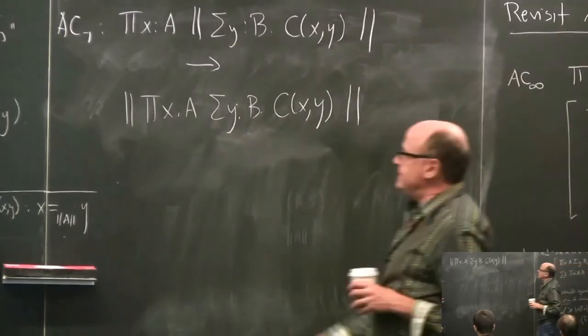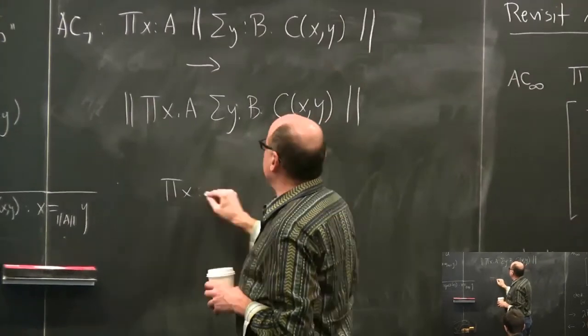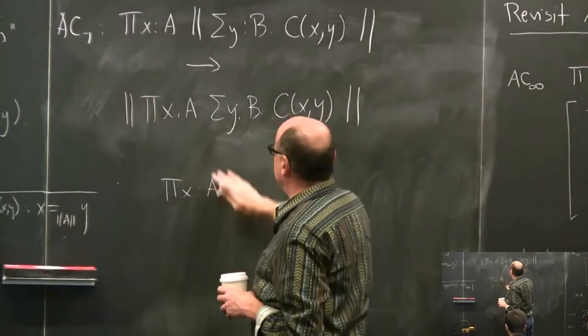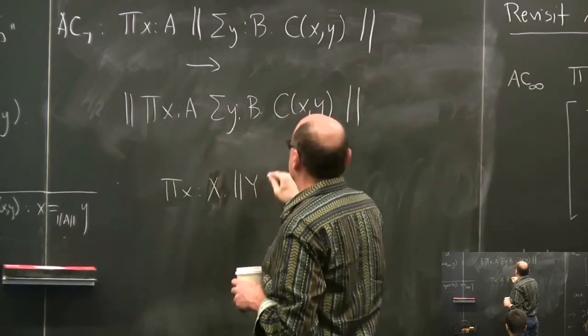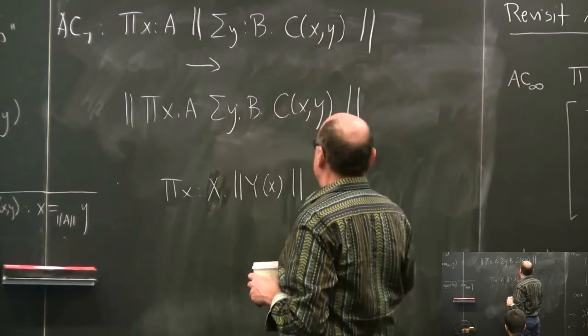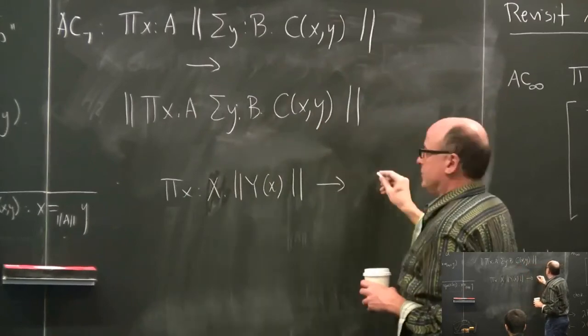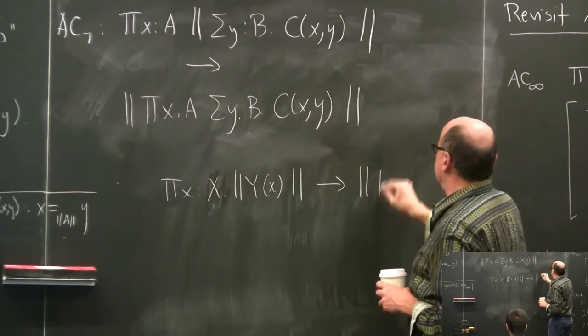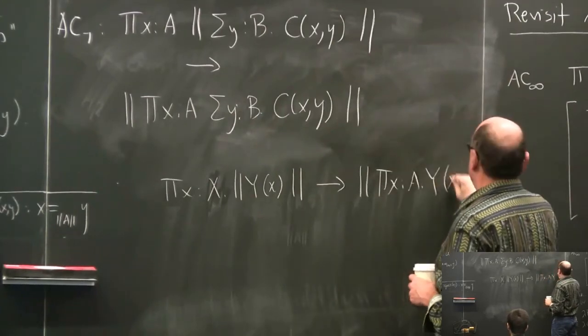And then just a moment's thought says you can really reduce this to a simpler form, which says, in general, I think in the book it might be called x and y. We have this, let's write it y of x, is equivalent to, or we have a map from here to the truncation of pi x in A, y of x.